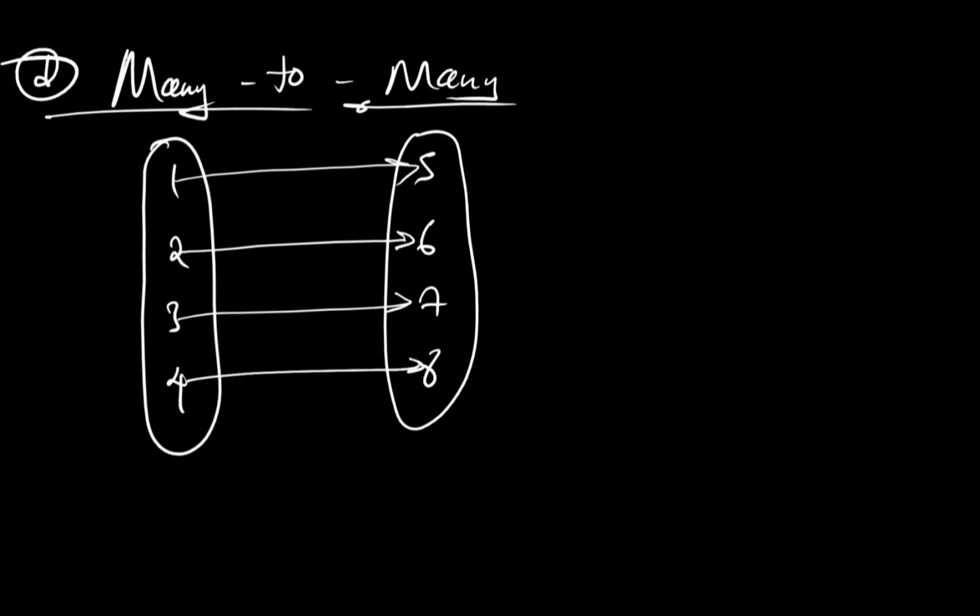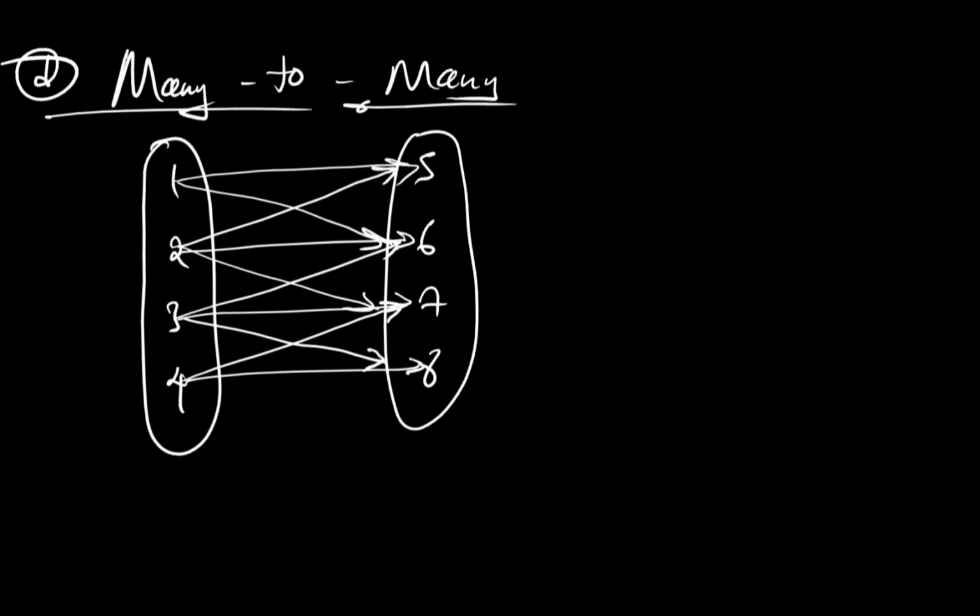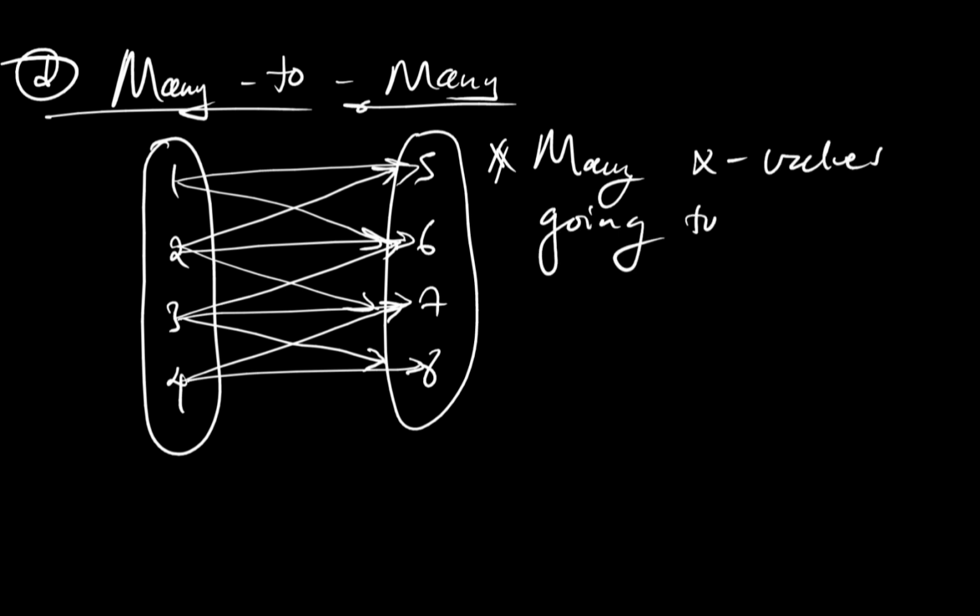So I'll do that first, then I'll do that again, then I'll do that, I'll do that as well, and that. So this is a many to many because we have many x values going to many y values, as you can see. So when such happens, then you have a many to many.